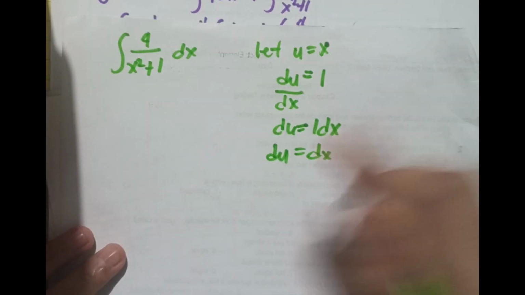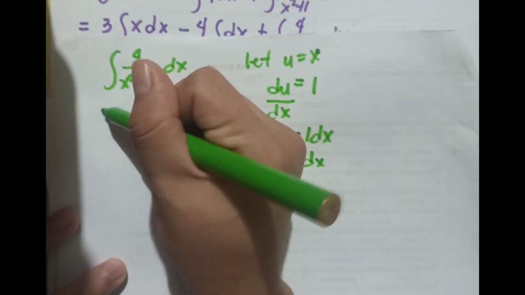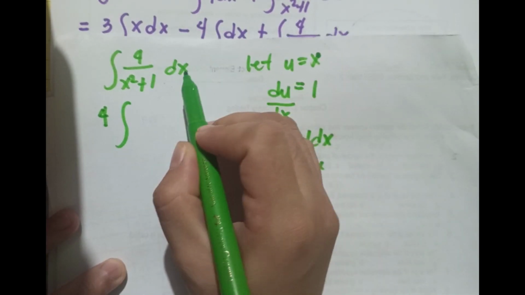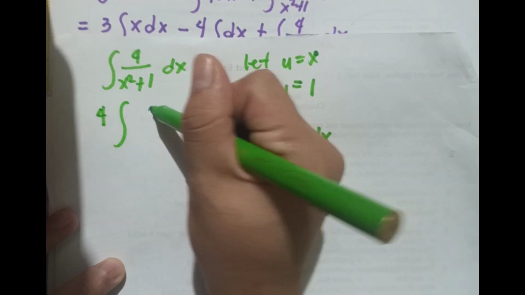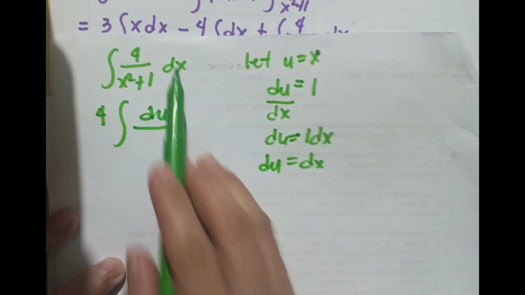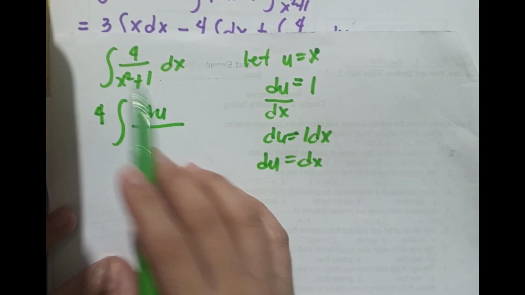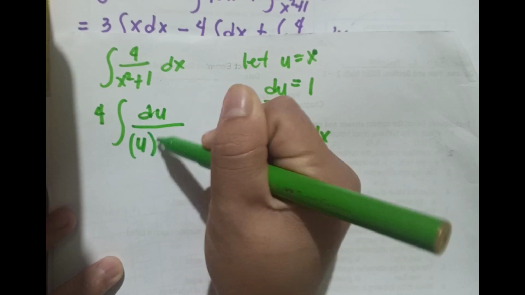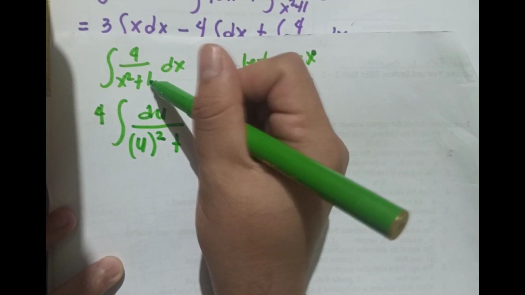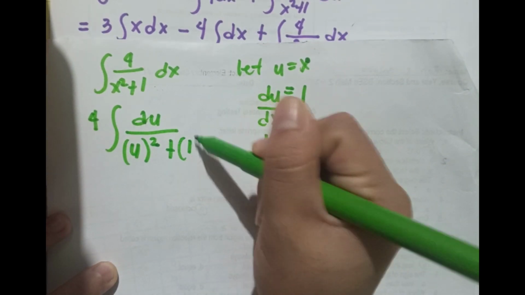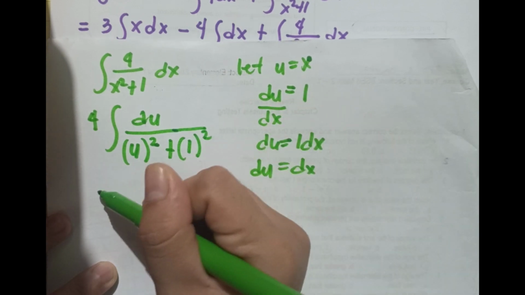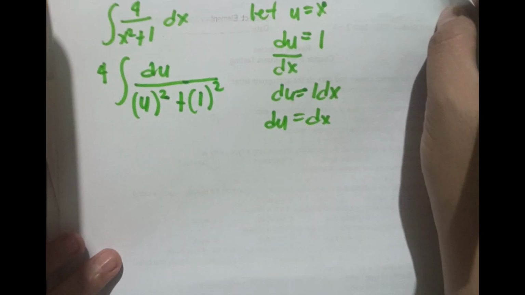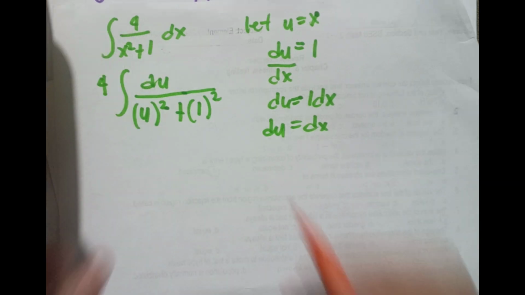We can now substitute this into the formula, but first we need to put the constant outside the integral symbol. What remains is dx, which becomes du, and x squared becomes u squared. And then 1 squared, since 1 times 1 is just equal to 1.